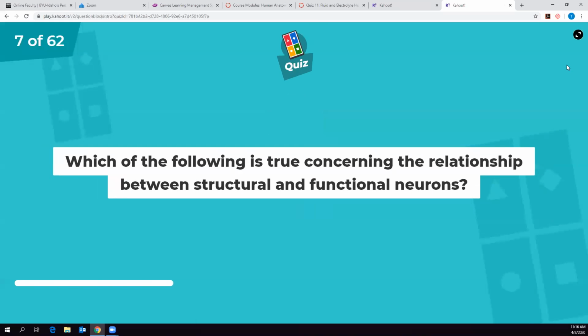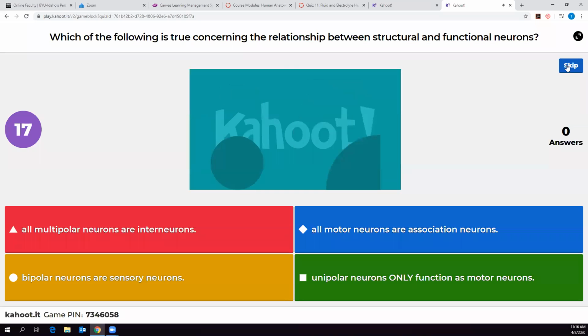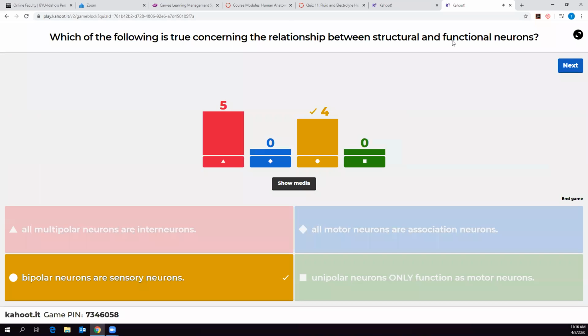All right, which of the following is true concerning the relationship between structural and functional neurons? Okay, now some multipolar neurons are interneurons.